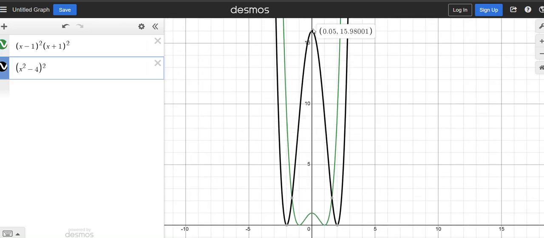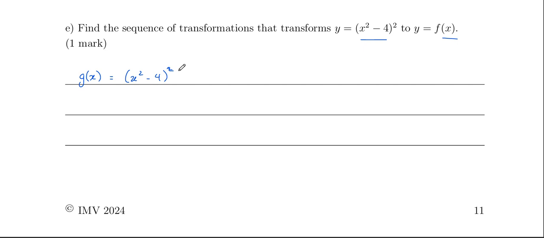It stays at x equals 0. So what we can conclude from that is that there are no translations within the transformation. There are only dilations.